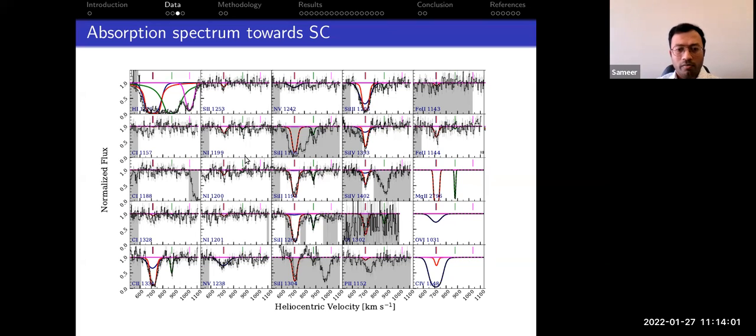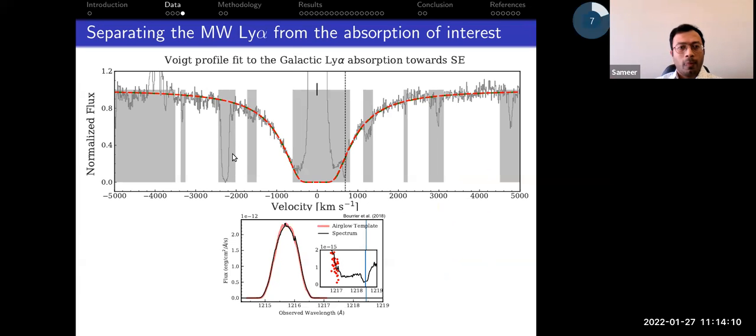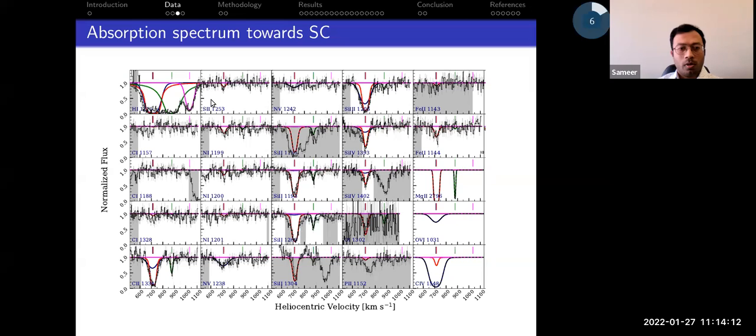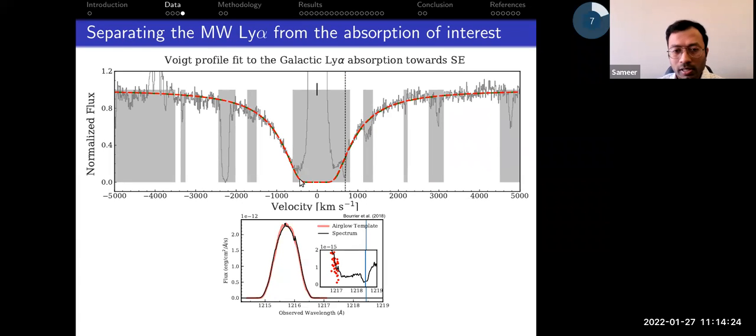So this is just to give you an idea, and as we go forward, I'll be showing you several such spectra towards different sightlines. Now, before obtaining these normalized spectra that I have shown here, in particular for sightline C and also for other sightlines, we had to do one pre-processing step.